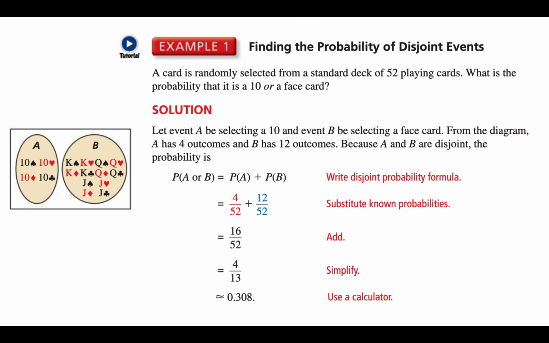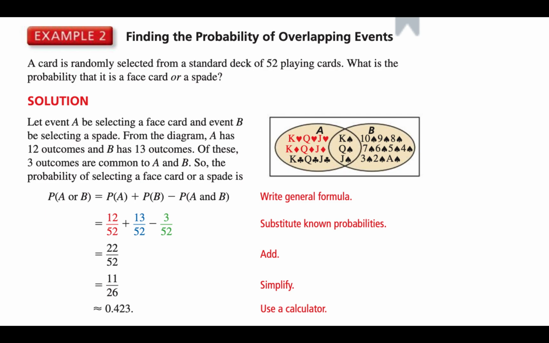Okay, now what do we do when there is some overlap, meaning they are not disjoint? A card is randomly selected from a standard deck of 52 playing cards. What is the probability that it is a face card or a spade?